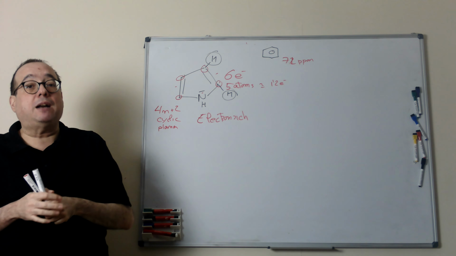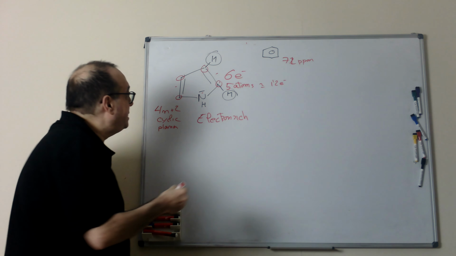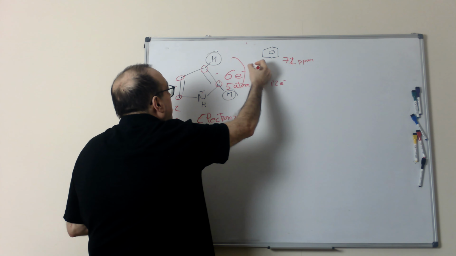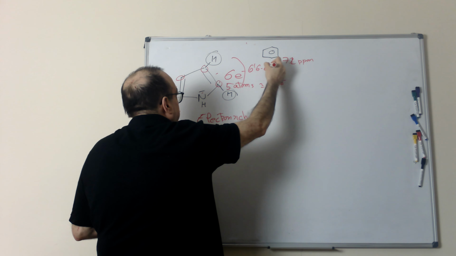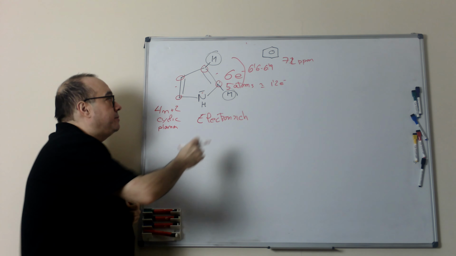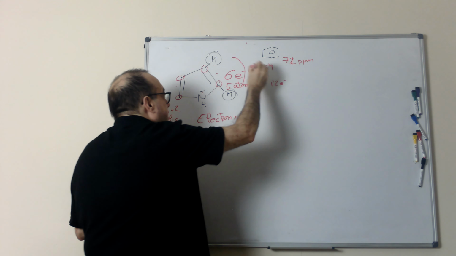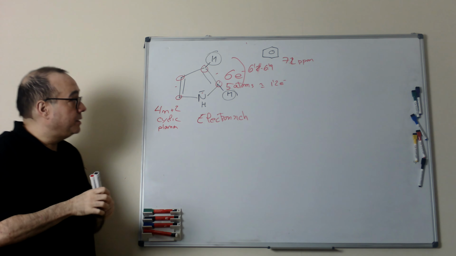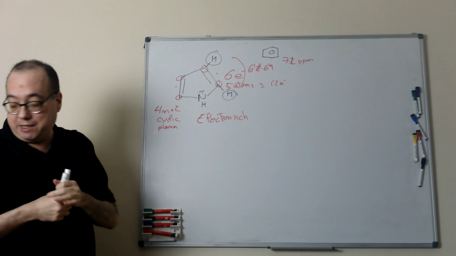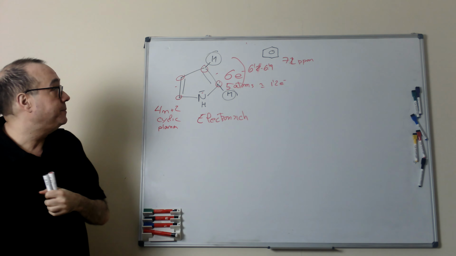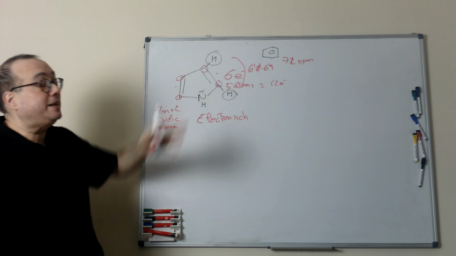And if we do the NMR, exactly, these two are around 6.2, 6.9 ppm, depending on the substituents. That means the NMR proves that this ring is electron rich.